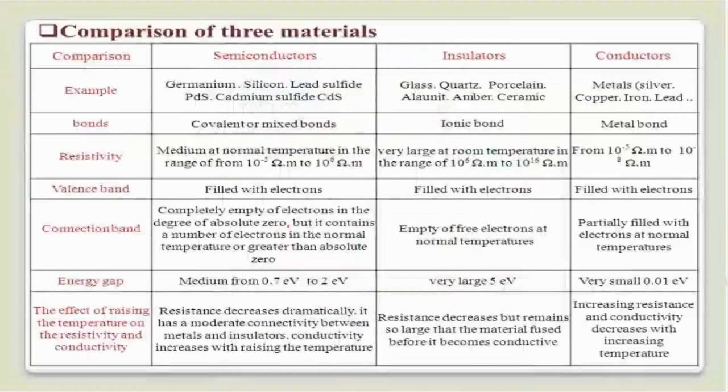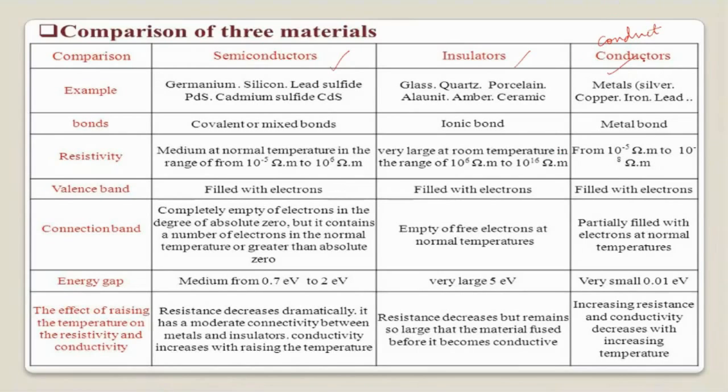So why are we considering this electron? This electron is a particle depending on which we can divide materials into semiconductors, insulators and conductors. Now what is a conductor? A conductor is an element which allows the flow of current.